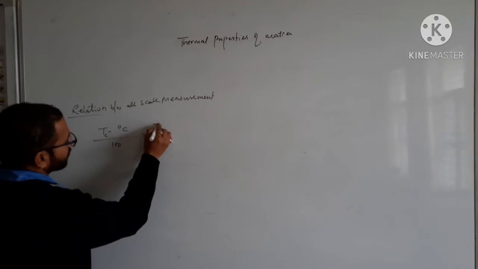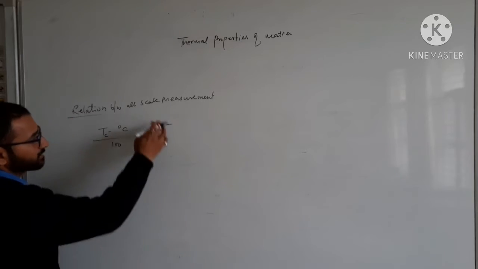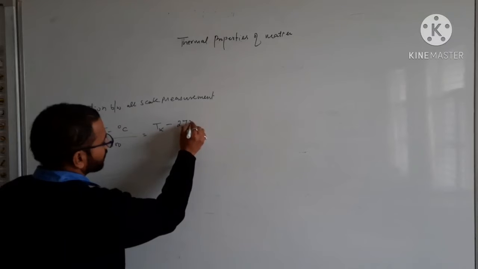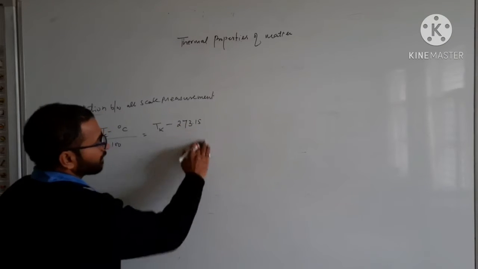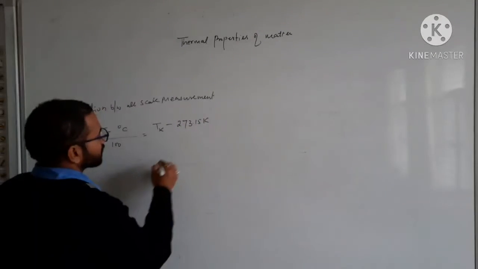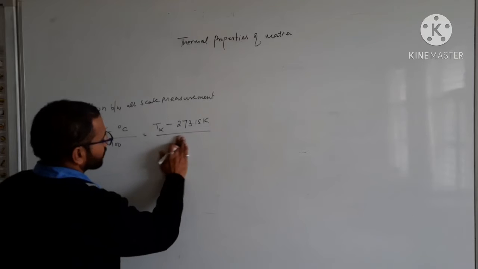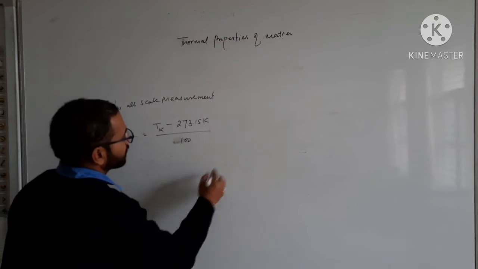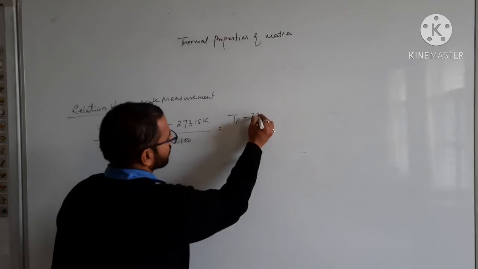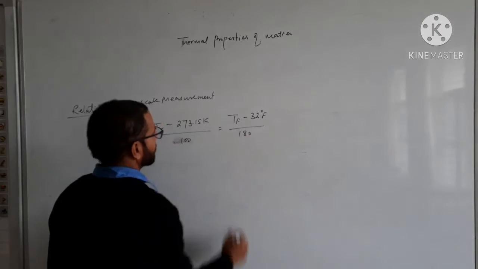Similarly, when we want to write about the Kelvin scale, Tk is any random temperature of it, and the freezing point is 273.15 in actual, otherwise we will take 273 only. So it is Tk minus 273.15 Kelvin over 100 divisions. And similarly, for the Fahrenheit scale, Tf, it has a freezing point of 32 degree Fahrenheit and the divisions are 180.